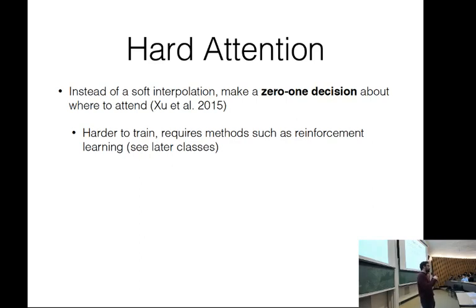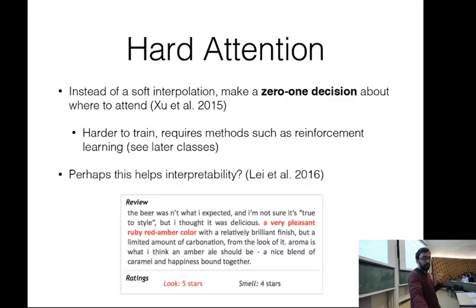But the main idea is that you would convert this soft probability distribution to a 0 and 1, or you can encourage it to be more binary, and it's harder to train. However, this could be very useful in providing explanations. So let's say we have a task that is reading a text and coming up with the rating that corresponds to that particular text, like sentiment analysis or providing movie ratings.